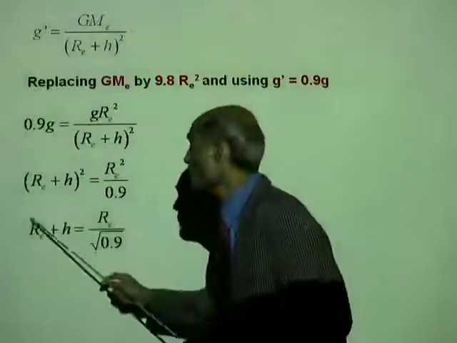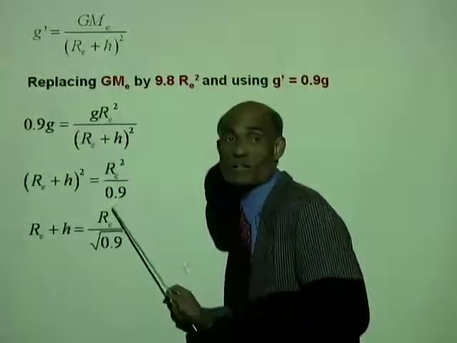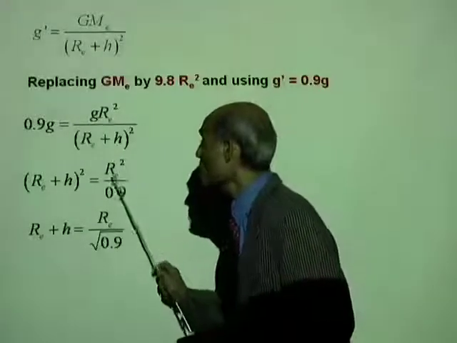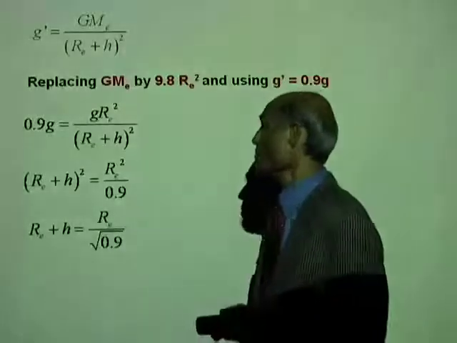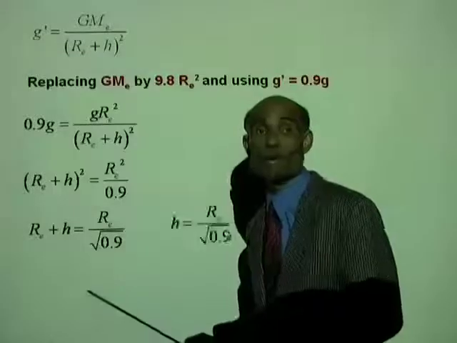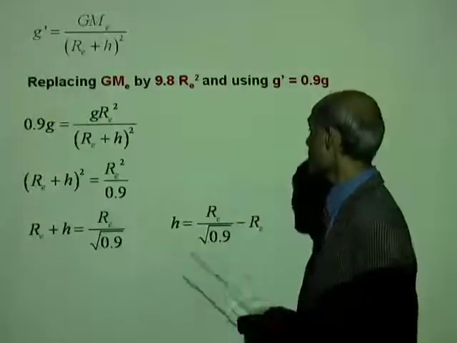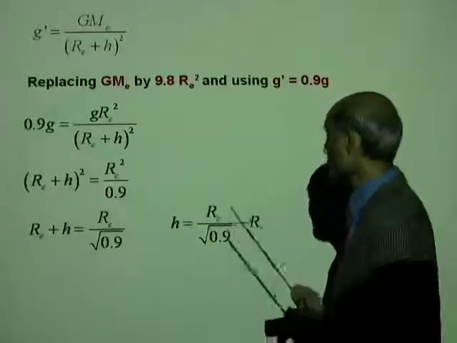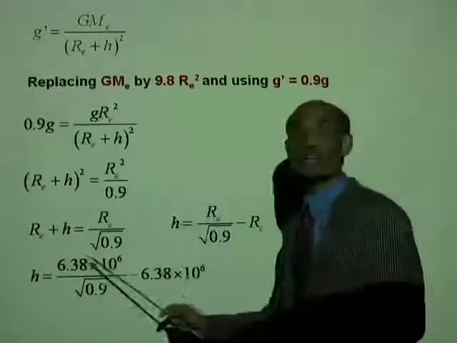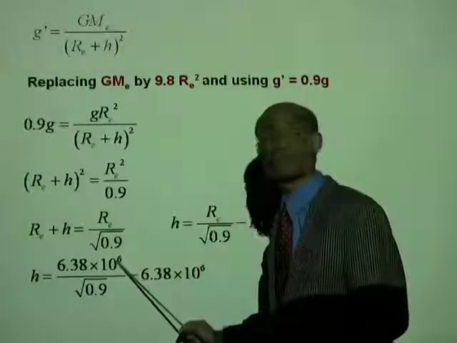And now, therefore, Re plus h is the square root of the right side. Square root of Re squared is Re, divided by square root of 0.9. Therefore, h equal to Re divided by square root 0.9 minus Re. And now use the value of Re. The radius of the earth is 6.38 times 10 to the 6.